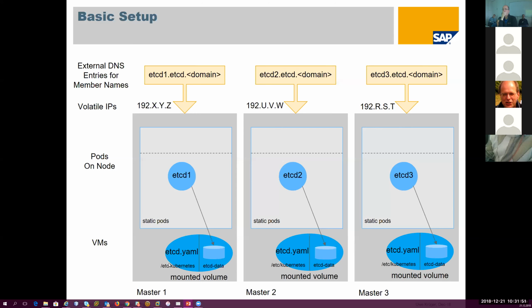And inside this etcd Kubernetes manifest, we have the static pod definition with the etcd YAML. So the result is we have on every master node an etcd member, and together they form a multi-node etcd cluster. Before I tell you more about how this can be achieved, we will see a first demo of what can be done.